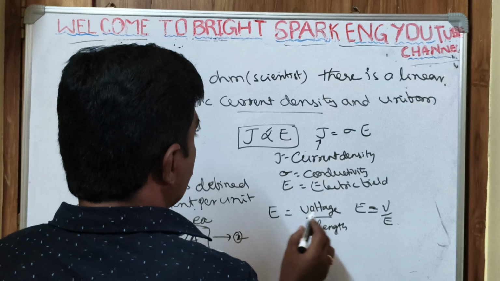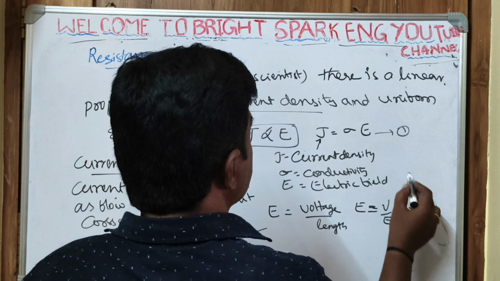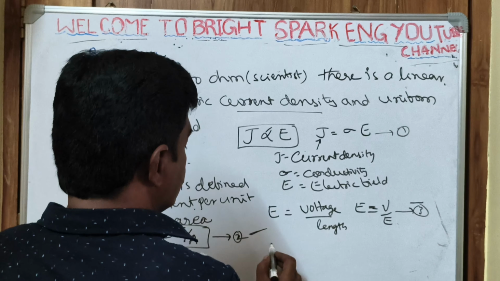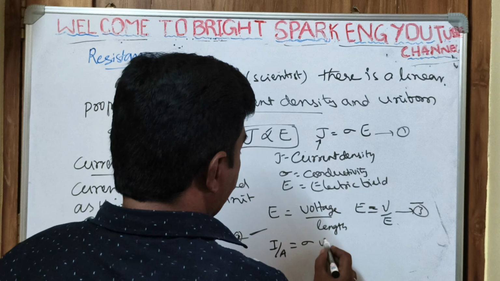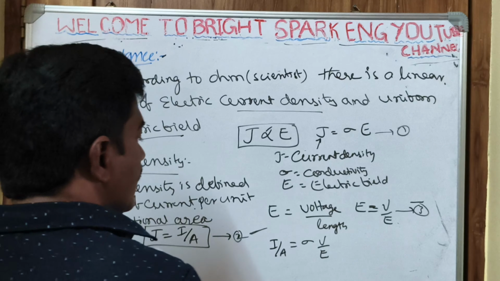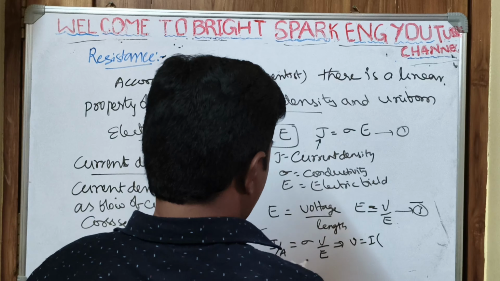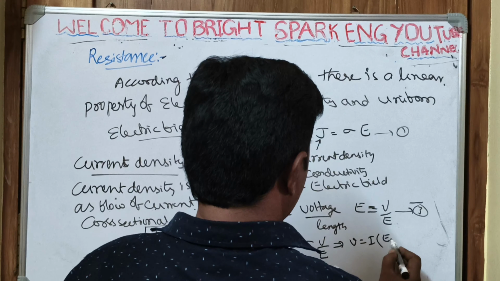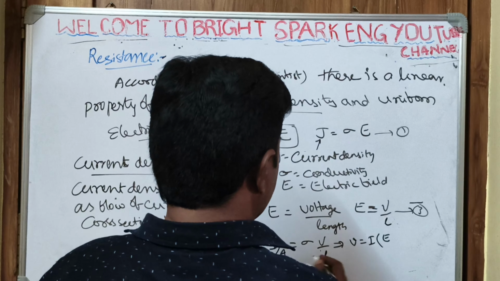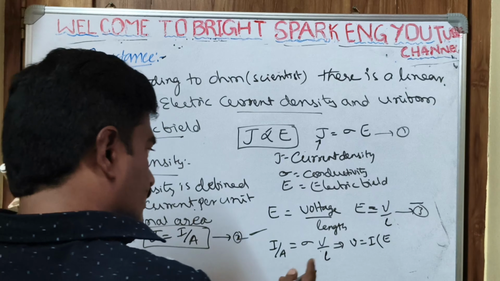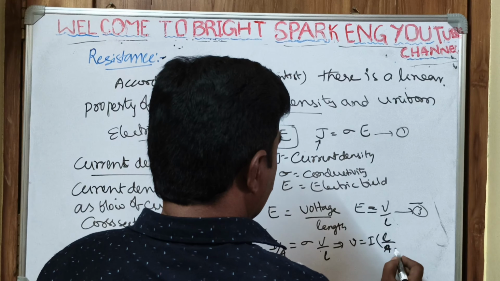This is equation number 1, this is equation number 2, and this is equation number 3. Substituting 2 and 3 in 1, J is equal to I by A, which is equal to epsilon into V by L. Here V is equal to I into L by A epsilon.